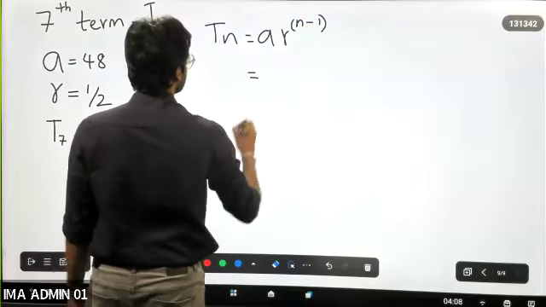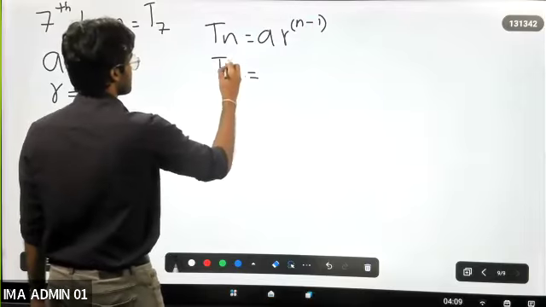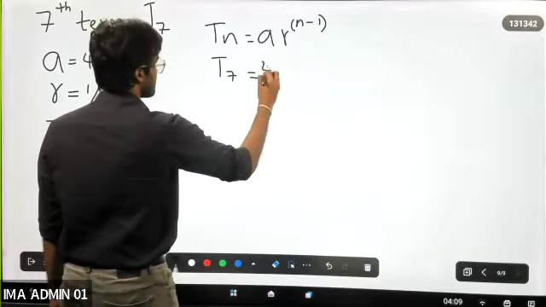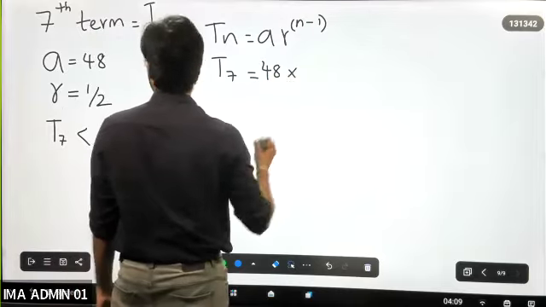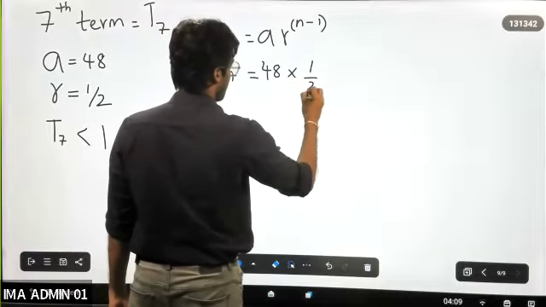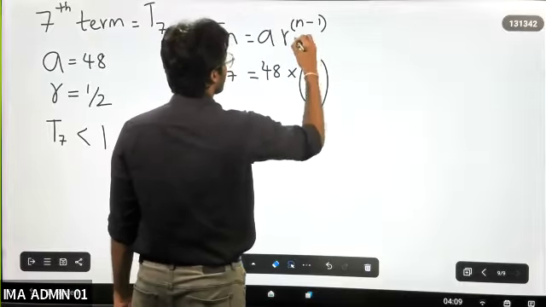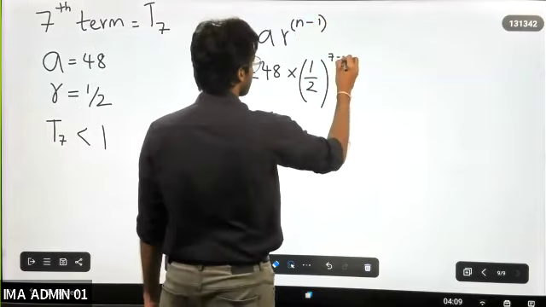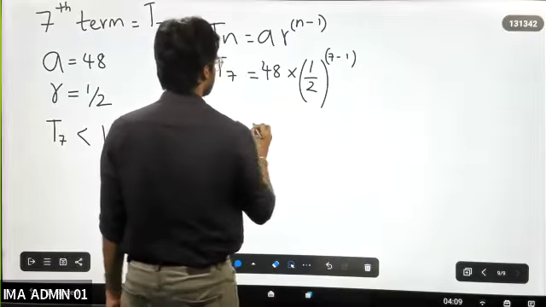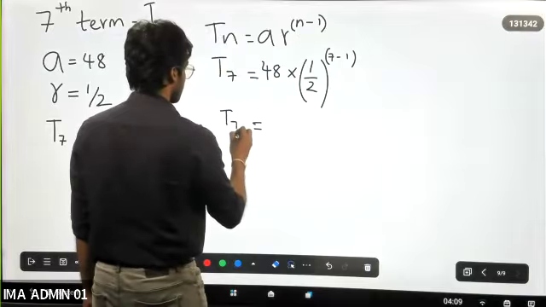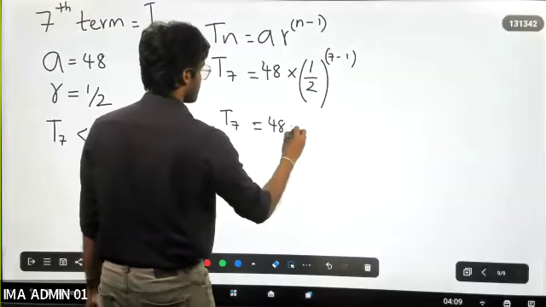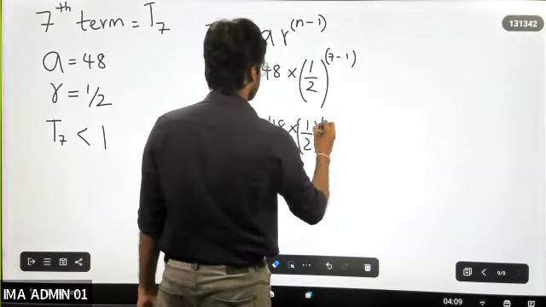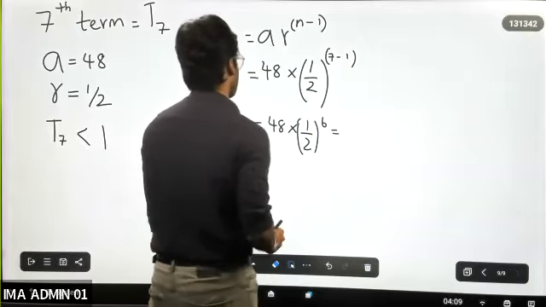The criticality here is to do the solving properly. So n we know it's 7, A we know it's 48, and R we know that it's half. And the power of R is n minus 1, 7 minus 1, which comes as 6. So 48 times 1/2 to the power 6.